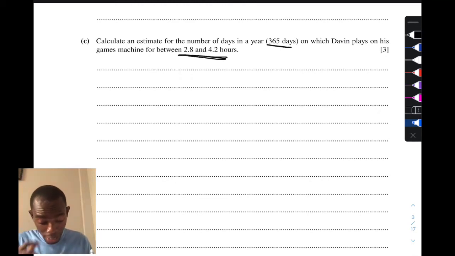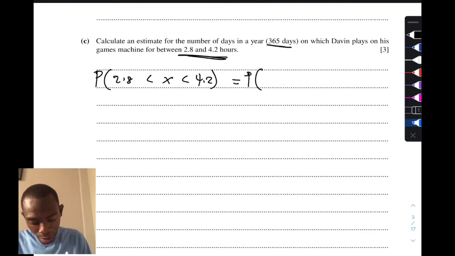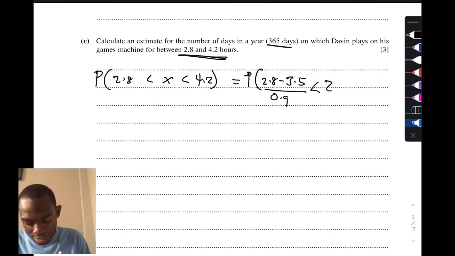Okay. Between these two, right? So that means that x is in between 2.8 and 4.2. So let's go and normalize that. We have 2.8 minus the mean, 3.5, over the standard deviation 0.9, less than z, less than 4.2 minus 3.5 over 0.9. Great.